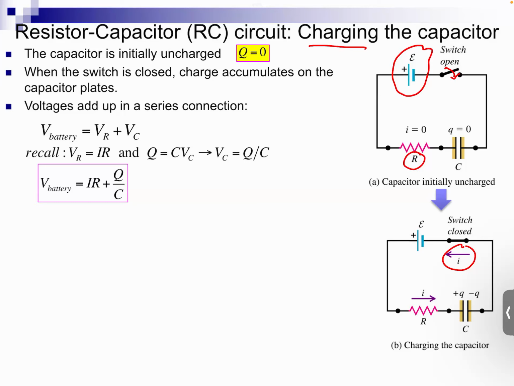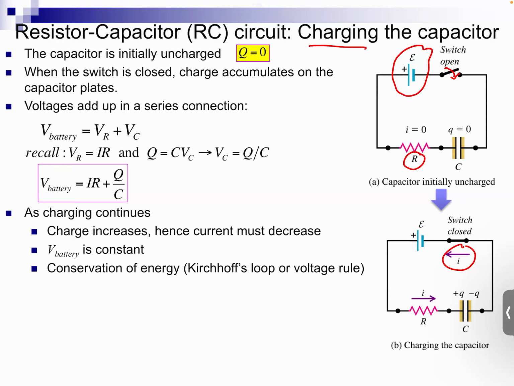Notice this is an equal sign. So that means the right-hand side is equal to the left-hand side, which essentially means that as the capacitor charges up, the charge across the plate increases. Hence, the second term, Q over C, increases. Q starts to build up.